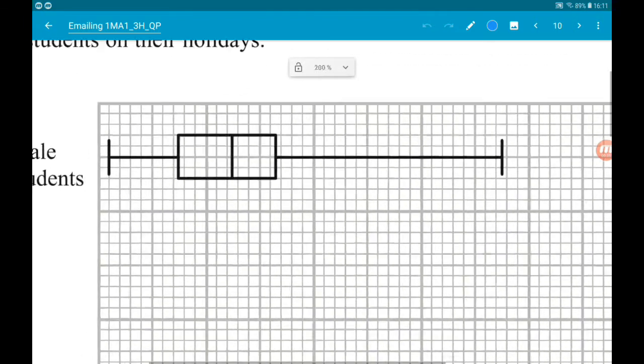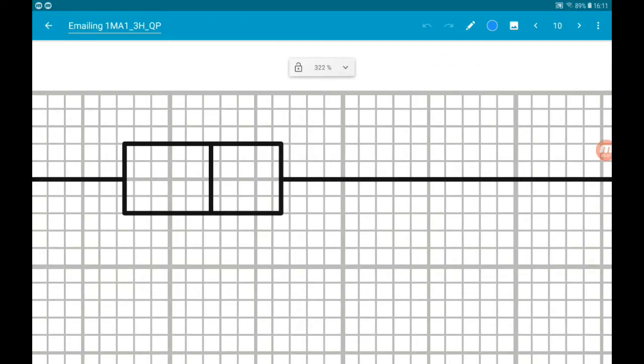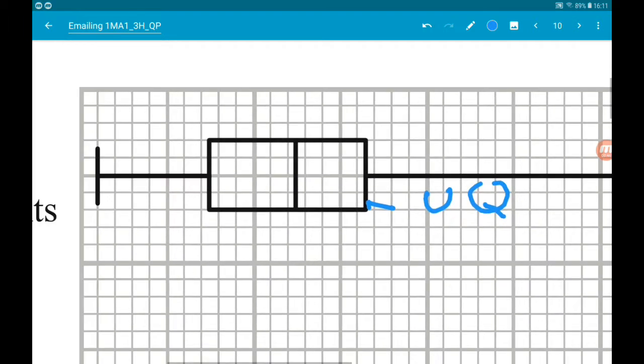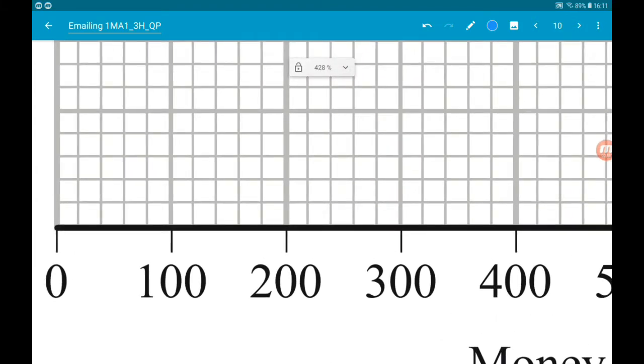So on a box plot, the right hand side of the box is the upper quartile and the left hand side is the lower quartile. So if we go down, check out the scale. So 5 little squares represents 100.